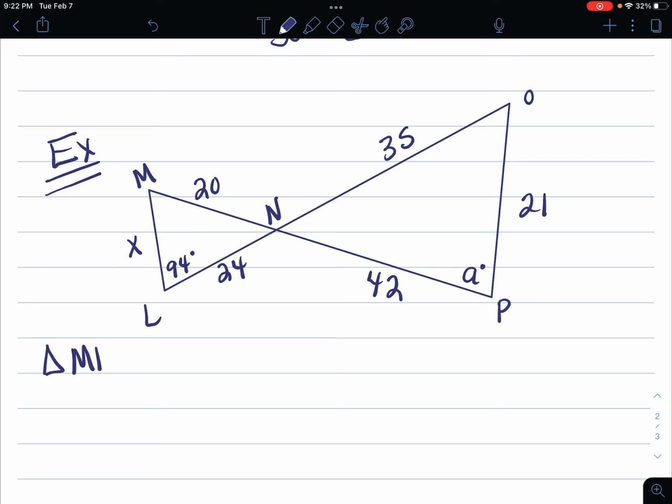And in the directions it will say something like triangle MNL is similar to triangle ONP.